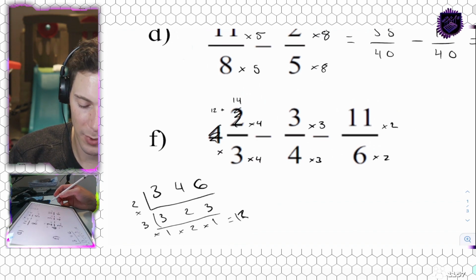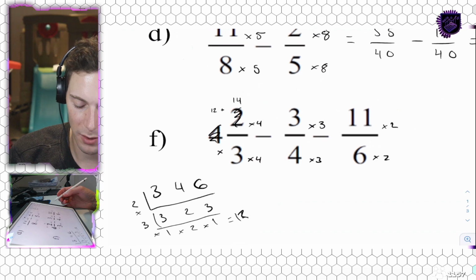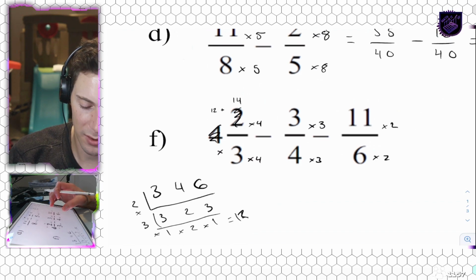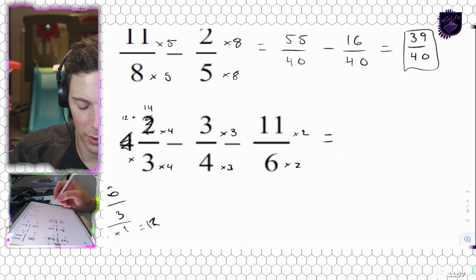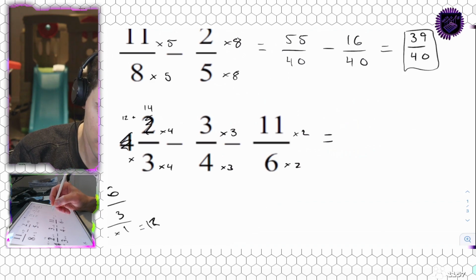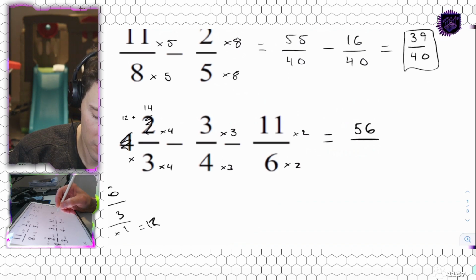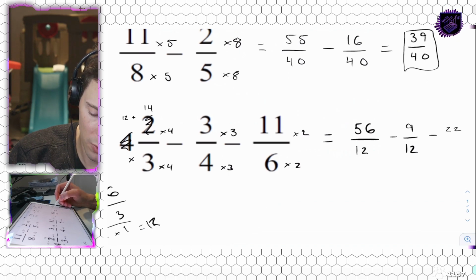14 thirds minus 3 fourths minus 11 sixths. And then we're going to rewrite this. 14 times 4 is 56. 56 twelfths minus 9 twelfths minus 22 twelfths.